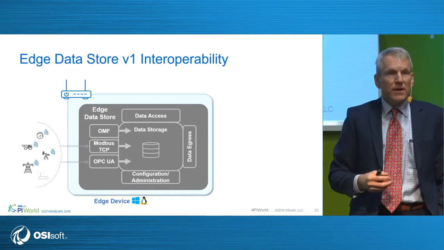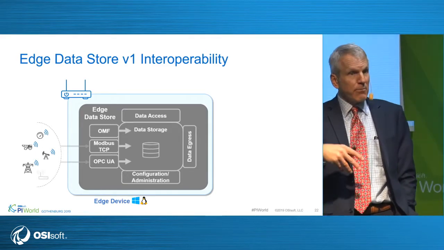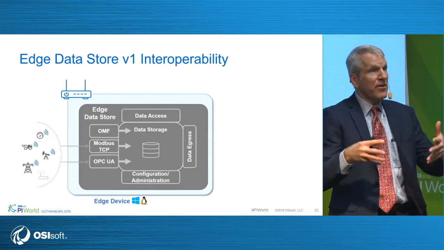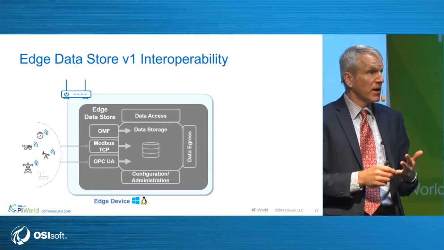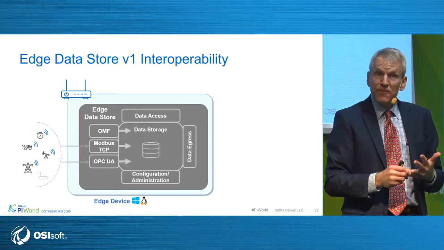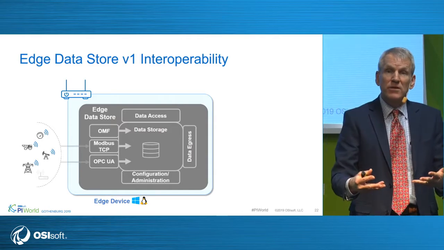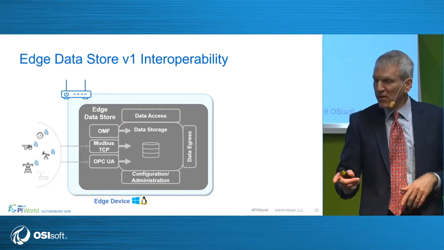Okay, interoperability. One of the things we felt was important was to provide basic connectivity as part of Edge Data Store. So we added in-process connectivity for Modbus Ethernet and OPC UA. Again, our two very common interfaces and connectors that we have today. So Edge Data Store is delivered with OPC UA and Modbus connectivity, as well as the OMF endpoint that we talked about.